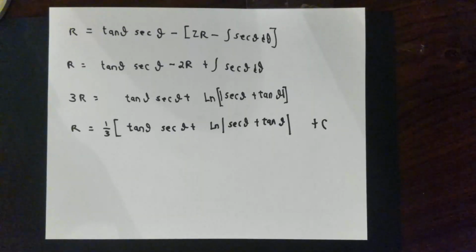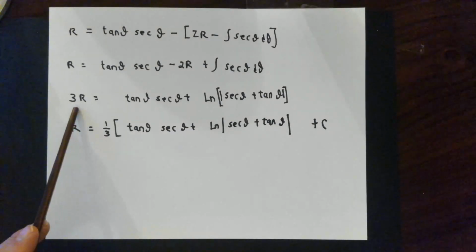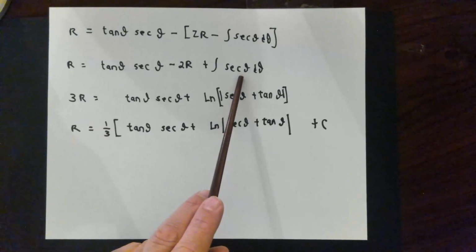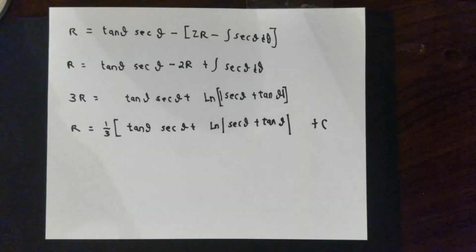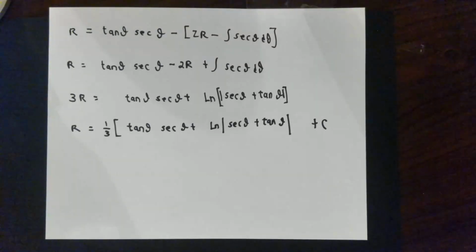Add 2r to both sides to move all the r's over to the left. An antiderivative of secant theta d theta is natural log absolute value of secant plus tangent. Add the constant of integration on. If I was willing to accept my answer in terms of theta, I would be done.